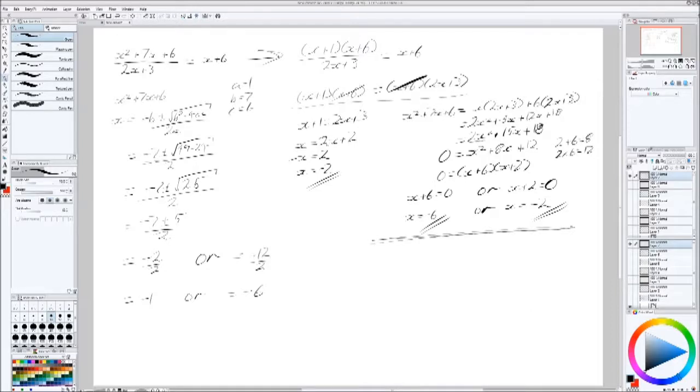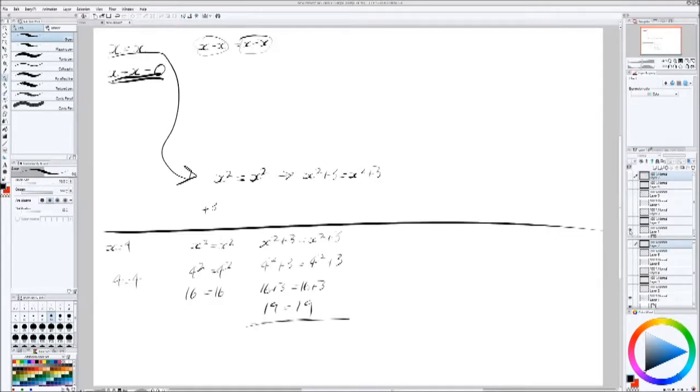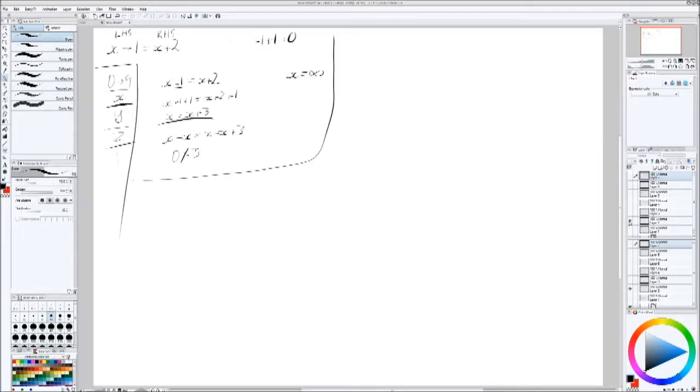So if we sort of recap, we started with x equals x, and getting that understanding that as long as you do the same thing on both sides of the equation, you're all good. Then we moved on to something a little bit fancier.